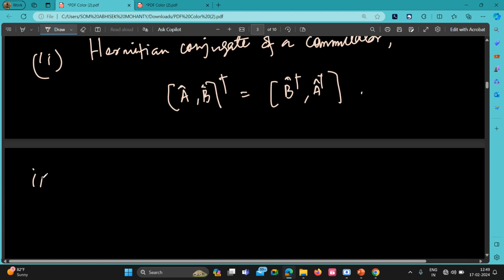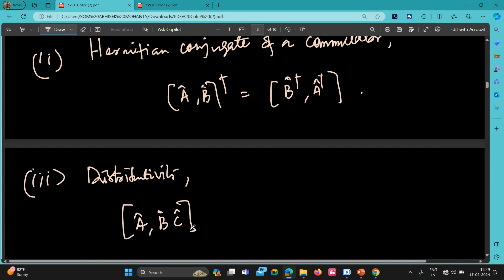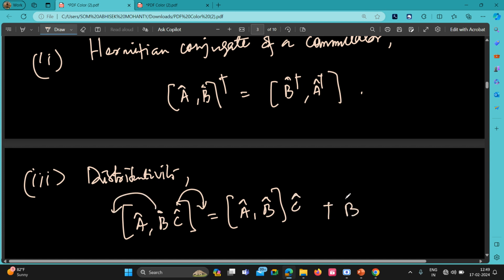Next property is distributivity. The distributive property: the commutator of A, BC is equal to one term where this comes out first, plus another term where this comes out next. Remember that whichever side an operator is on, it stays on the same side. If C is to the right of B, it comes out as the right of the commutator.